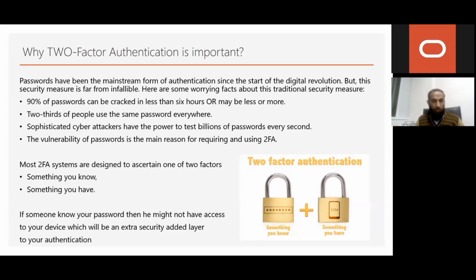And something you have means that you have the user device through which you will get a security code, an OTP or something like that. If someone knows your password, they might have access, but they might not have access to your device, which is an extra layer added to your authentication.